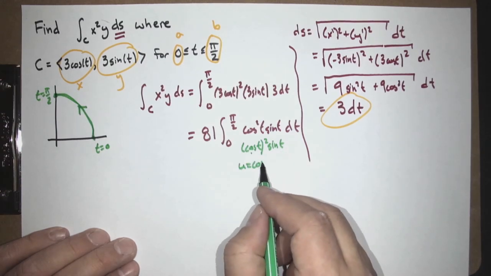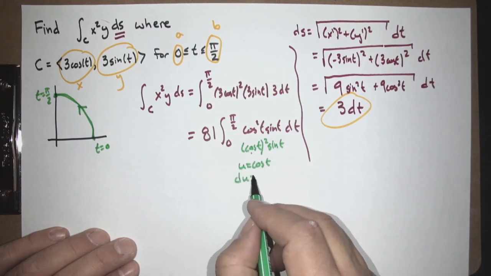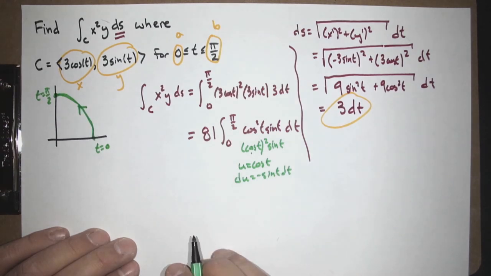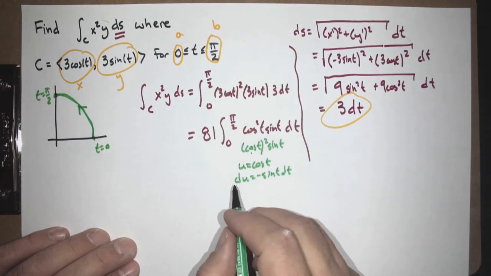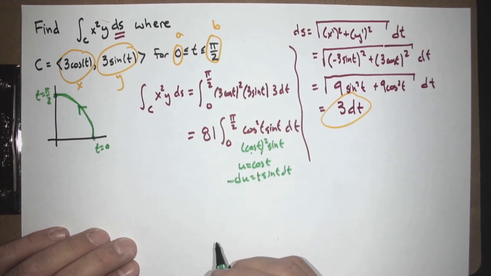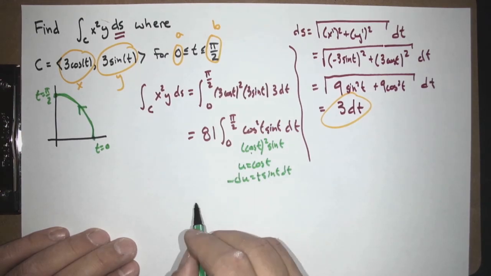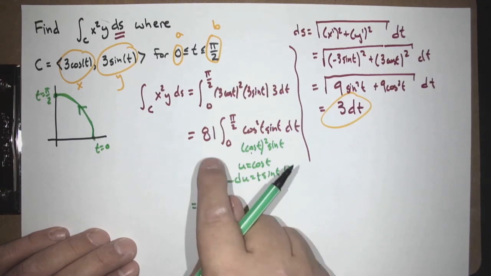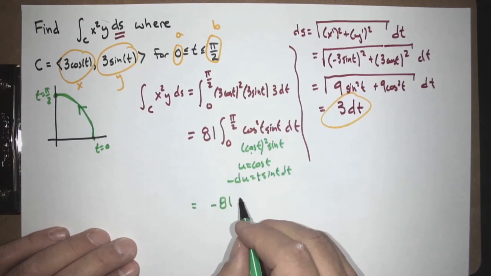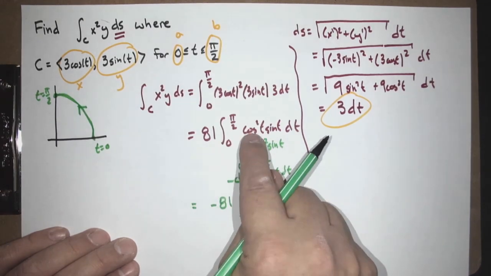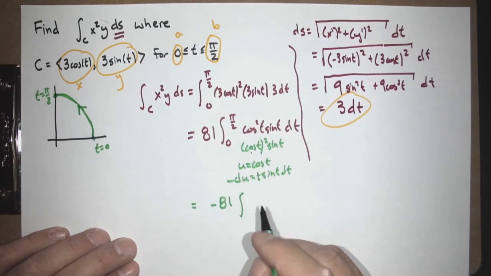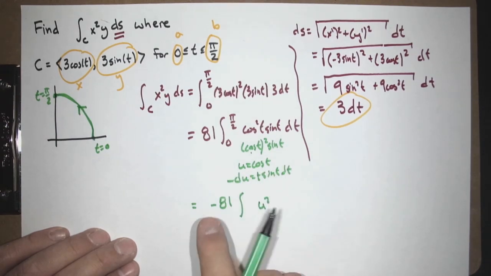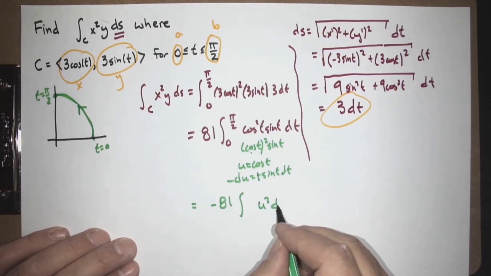So if you let u equal cosine, then you get negative sine t dt is your du. And we can move the negative across. That says sine t dt is negative du. So negative 81, the negative coming from that negative, integral cosine squared becomes u squared, and then the sine t dt became the minus du.